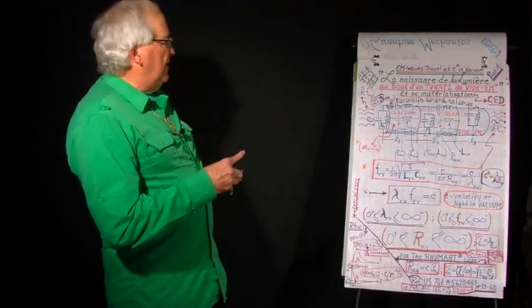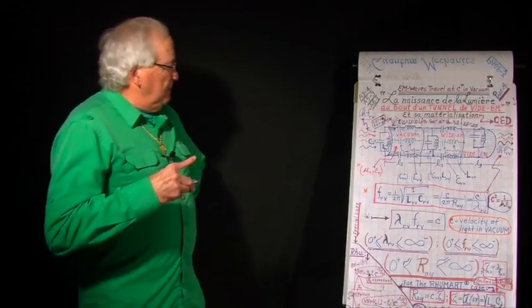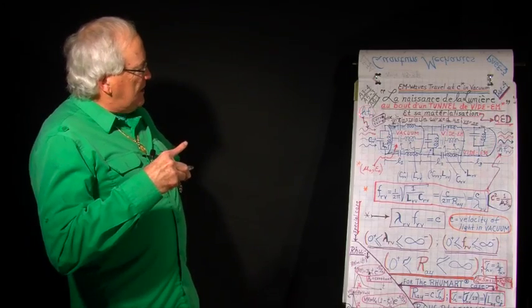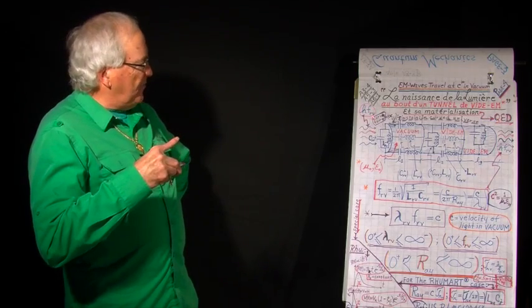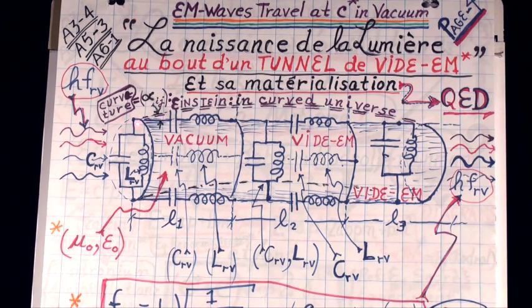Now, just to finalize this presentation, I want to show you a little diagram that is just like a tunnel of vacuum in which you would have an electromagnetic wave of resonance frequency that is a function of inductance and capacitance of vacuum, and to make you realize that when you do the mathematics of electrical engineering, you realize that at resonance, if the frequency is at resonance with the vacuum frequency according to the dimension that are involved, then we have infinite electrical resistance, or infinite impedance between the sides of the tunnel of vacuum.